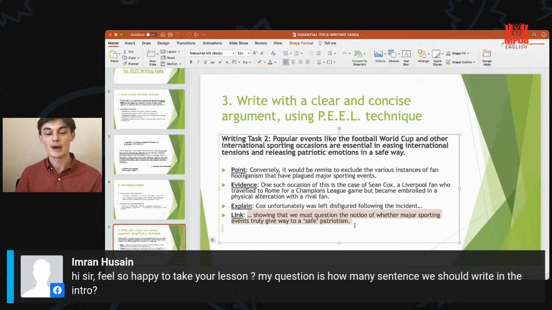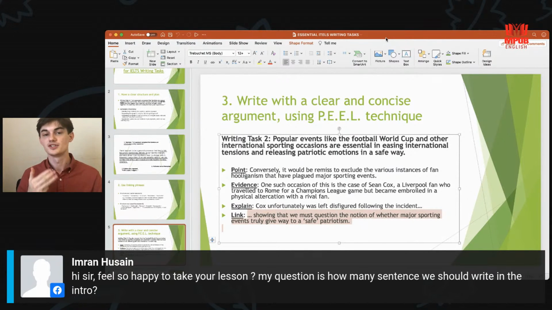And then I've linked it back to the question, which is about whether sporting events are safe. I said, showing that we must question the notion of whether sporting events are safe. So I've done the PEEL technique: point, evidence, explain, link.